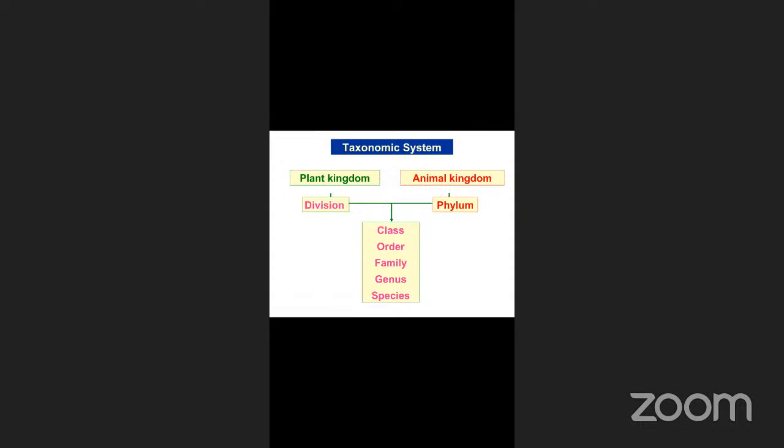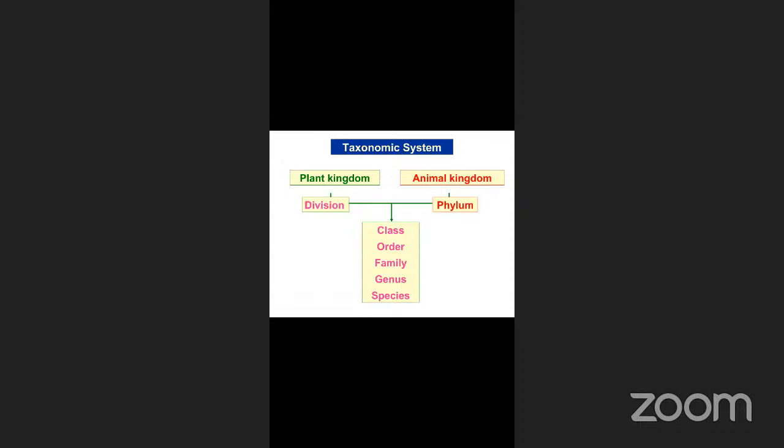Next, divisions. Divisions are the number of groups, meaning plant groups and animal groups. In this, the taxon is not fixed. It depends on the classification system.